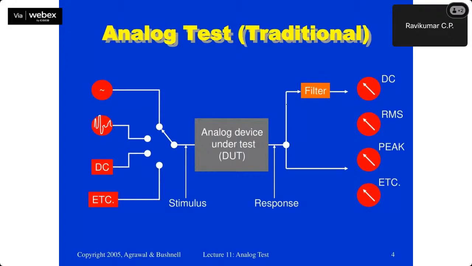We may have to filter or we may have to take it directly, and we may have to make a lot of different measurements. Whether it has a DC component, is there an RMS value that we need to read, or the peak value, and so on and so on. So you can see that it is highly measurement oriented. Analog ICs are somewhat measurement oriented, the testing of analog ICs.